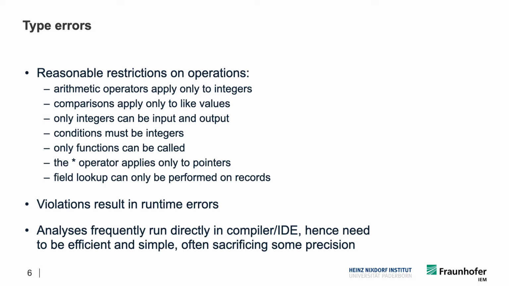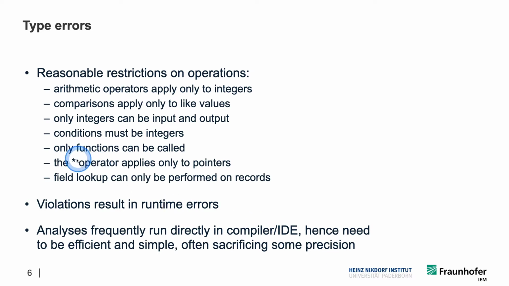Or you have comparisons which only apply to like-kinded values. So it doesn't make any sense to compare an object reference with an integer, let's say, at least not in most languages I know of. In C, you can actually do this, but we can argue about whether it's a good design or not.